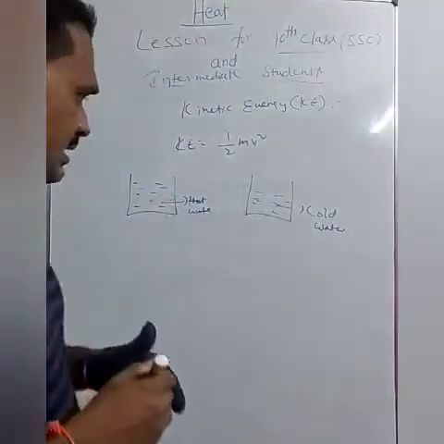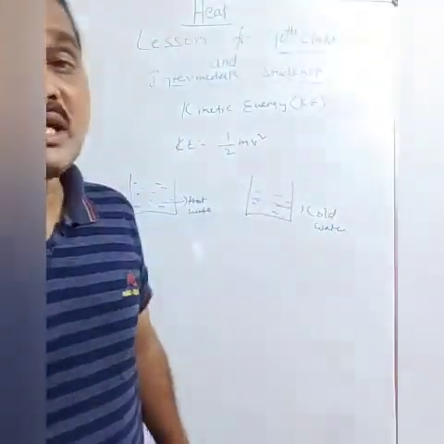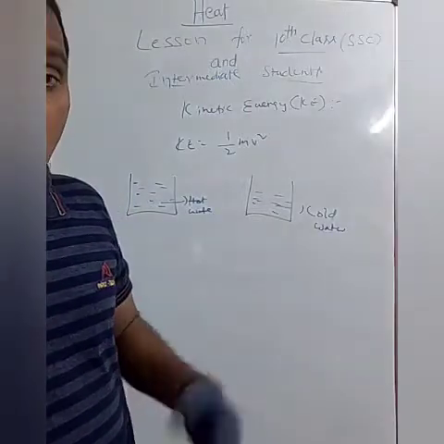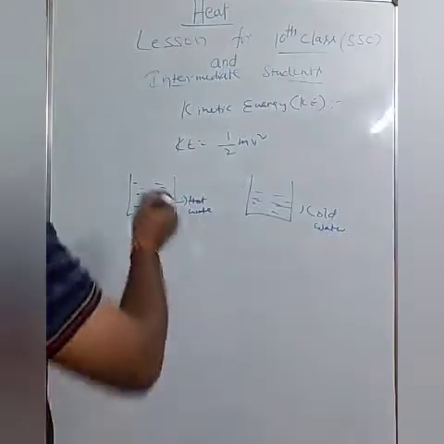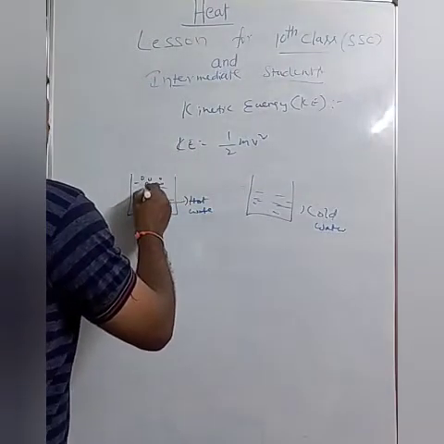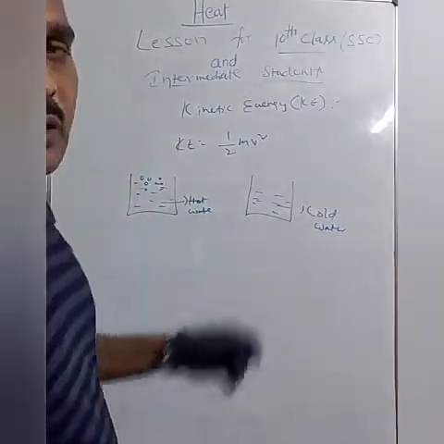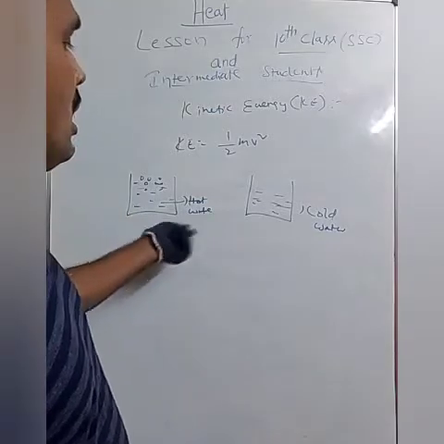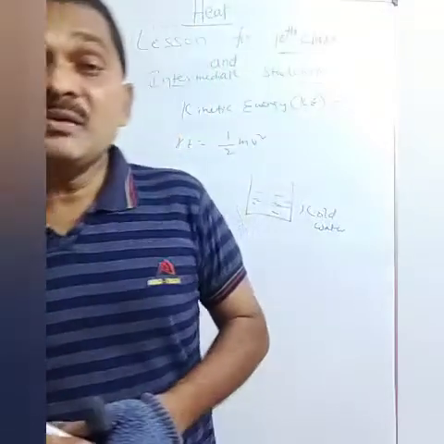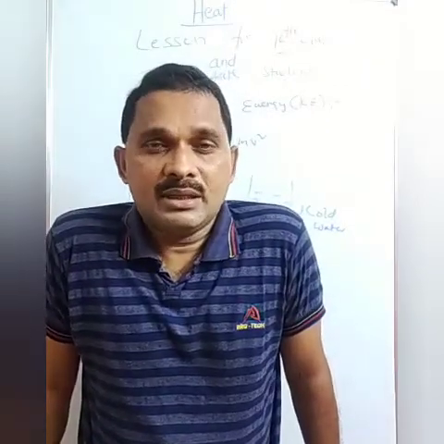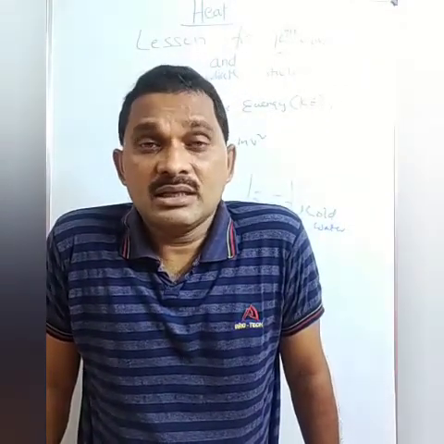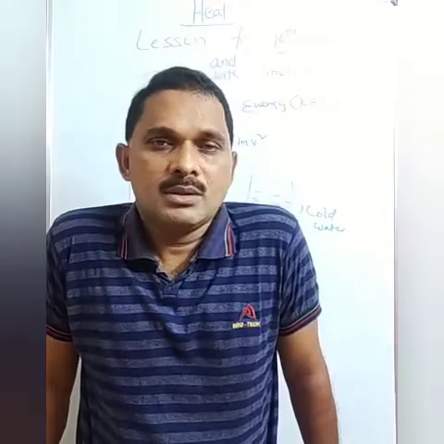In one beaker we'll consider hot water, in another beaker cold water. In both beakers, if you sprinkle some food colors, red, blue, pink, in this hot water and cold water, in which beaker does the coloring happen fast?